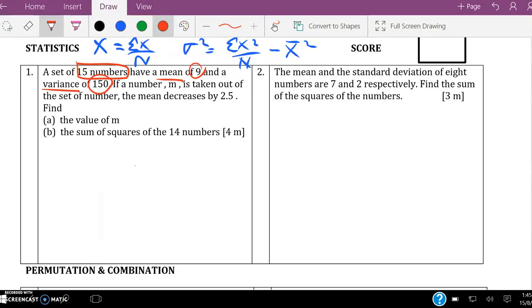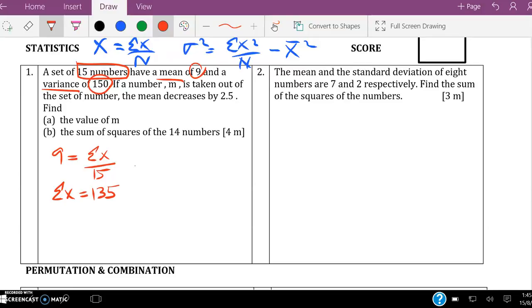Here we know that mean is 9 and the number of data is 15. So the sum of x, the sum of all the 15 numbers, is actually 135.